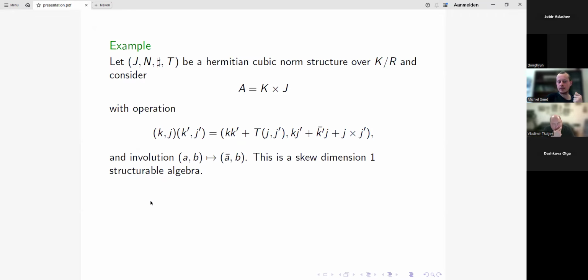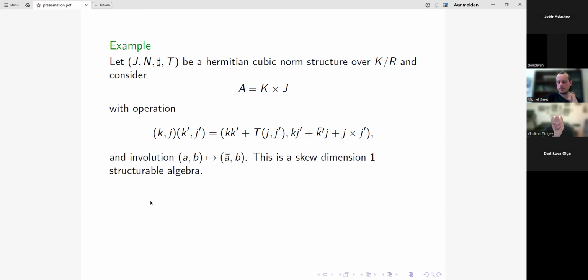So as before, you can define a structurable algebra. So A is K times J. K stands for the diagonal elements of your 2x2 matrix, and J stands for the off-diagonal elements of your matrix. And you can define a certain operation matching the operation of these diagonal and off-diagonal elements.